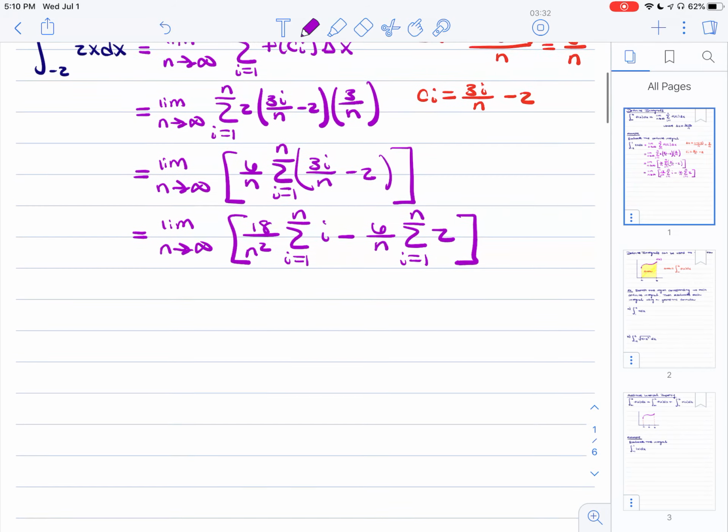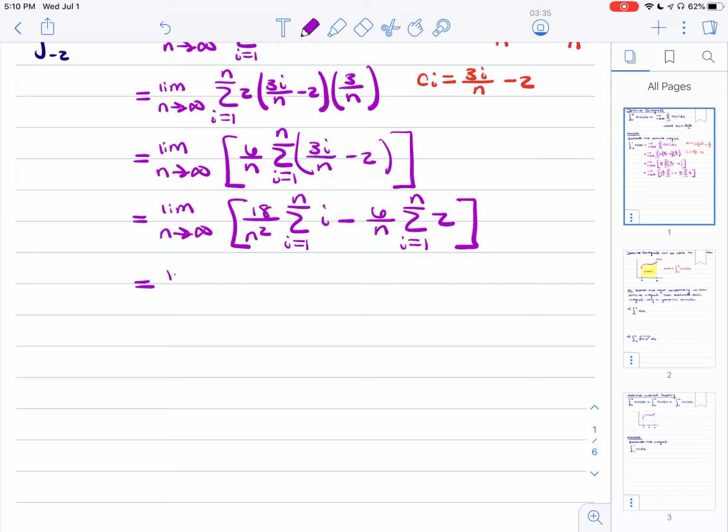All right, now we can use our special sums that we learned in an earlier video to evaluate these. 18 over n squared. Remember, the sum of i is always n times n plus 1 all over 2.